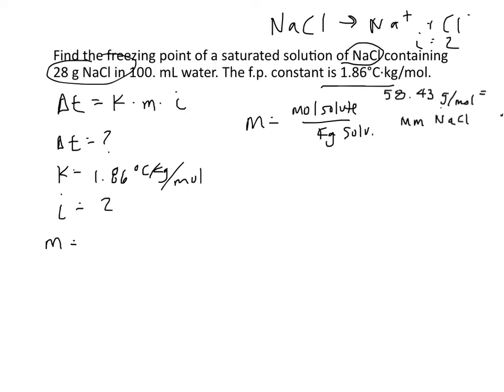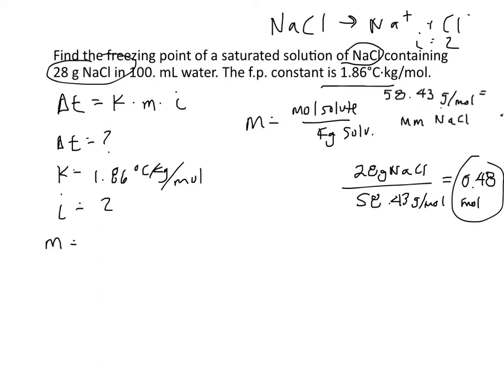So we're going to have to take 28 grams of NaCl and divide by our molar mass, which we've been given here. This is going to give us 0.48 moles. So I have 0.48 moles of my solute.